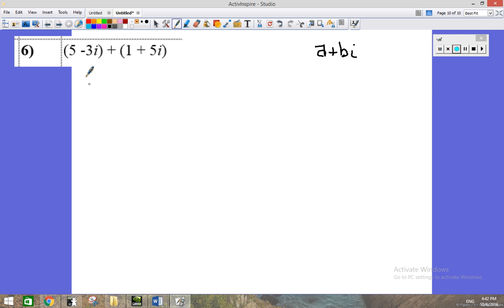The process of adding them together, we know to add the real parts together and to add the imaginary parts together. So we have 5. So with the plus signs, I don't have to worry about the parentheses when I have a positive sign in front of the parentheses.